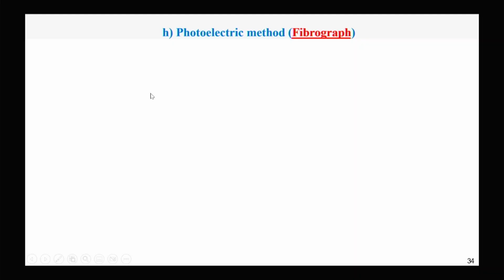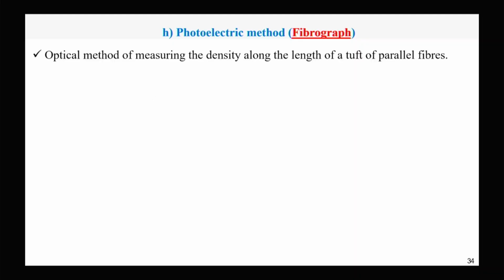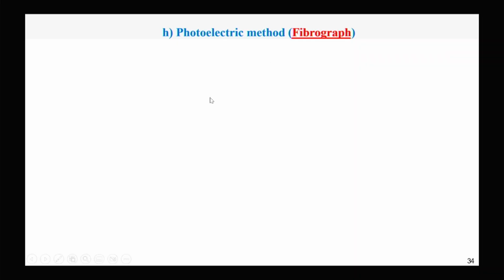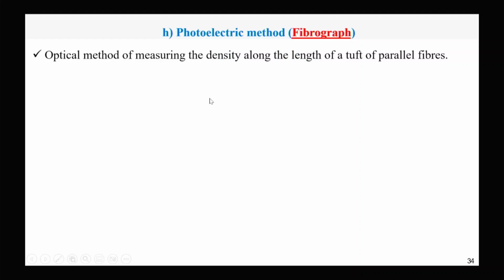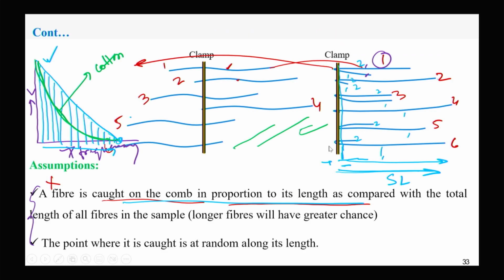So let us see the fibrograph method. It is an optical method of measuring the density of fiber along the length. So here the density of fibers will be measured along the length. We have produced a tuft. Here you can see, when you start at the grip point, the density of fiber is maximum.